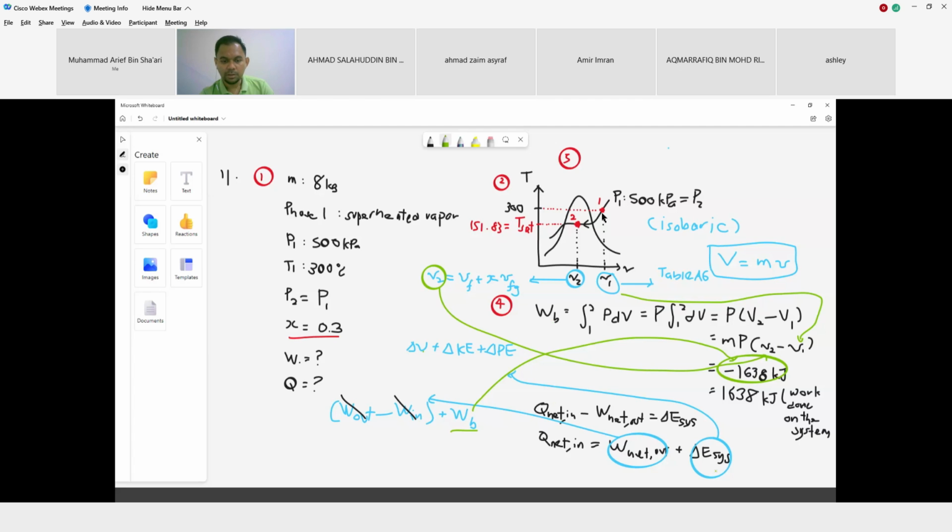Next, for delta E system, delta U is the change of internal energy.